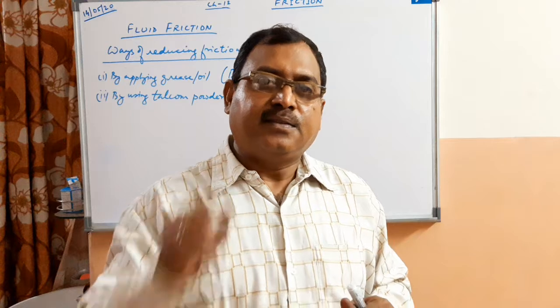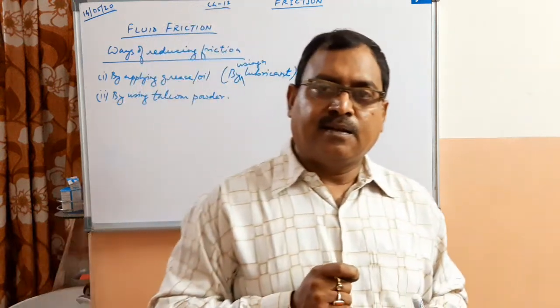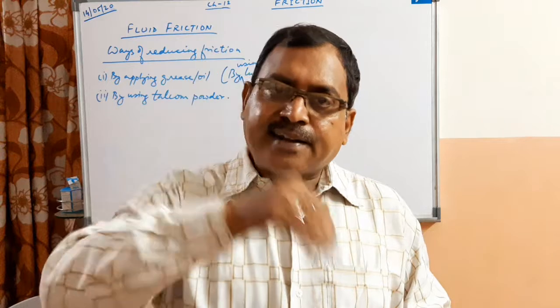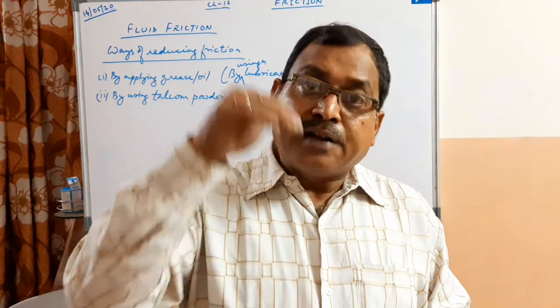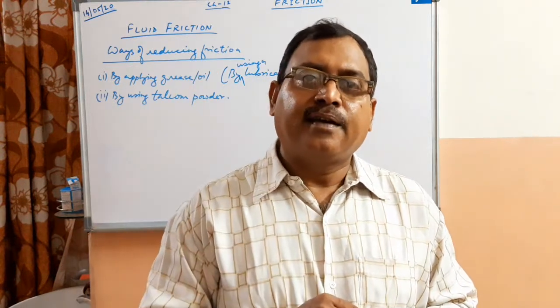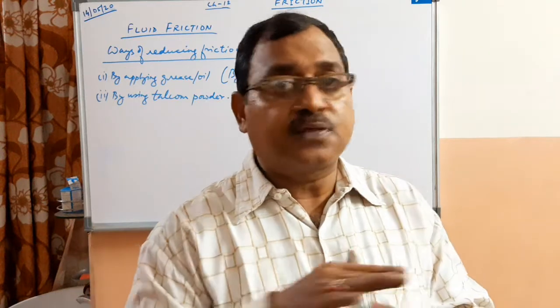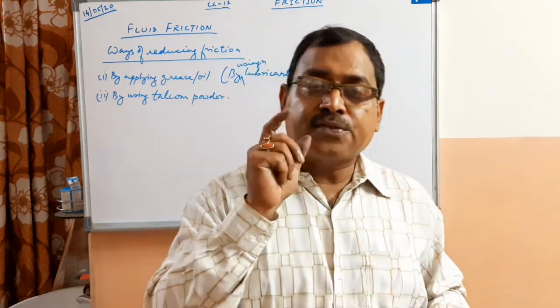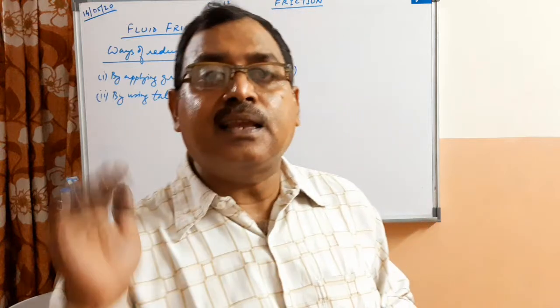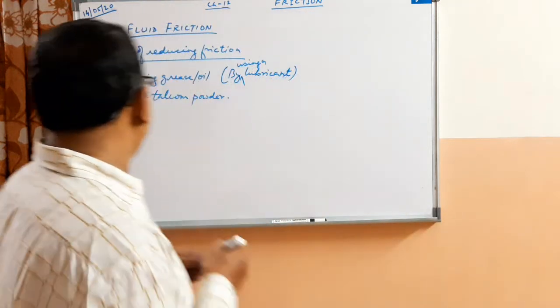So the surface becomes smooth. This powder has tiny, very fine particles which enter the depressions present on the surface of the board. And when those depressions are filled, the surface becomes smooth. So the coins can move freely and easily on the surface of the carom board. So by adding talcum powder.